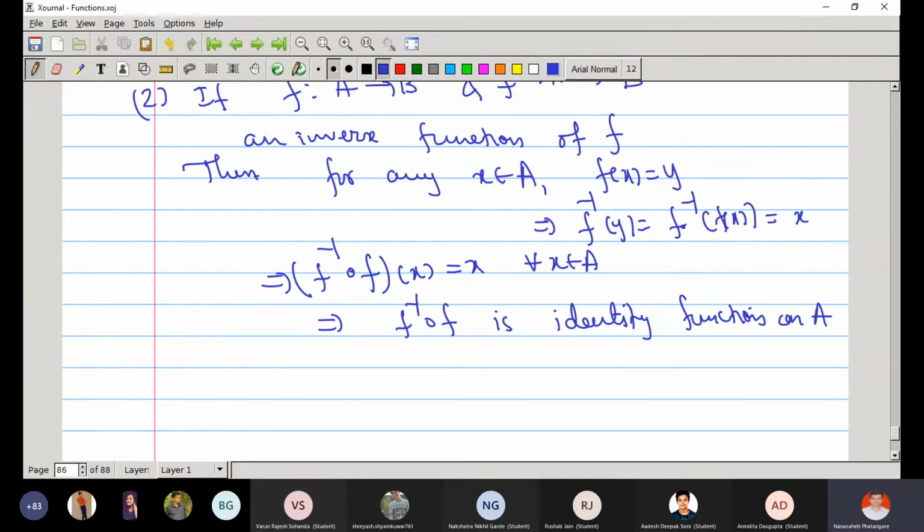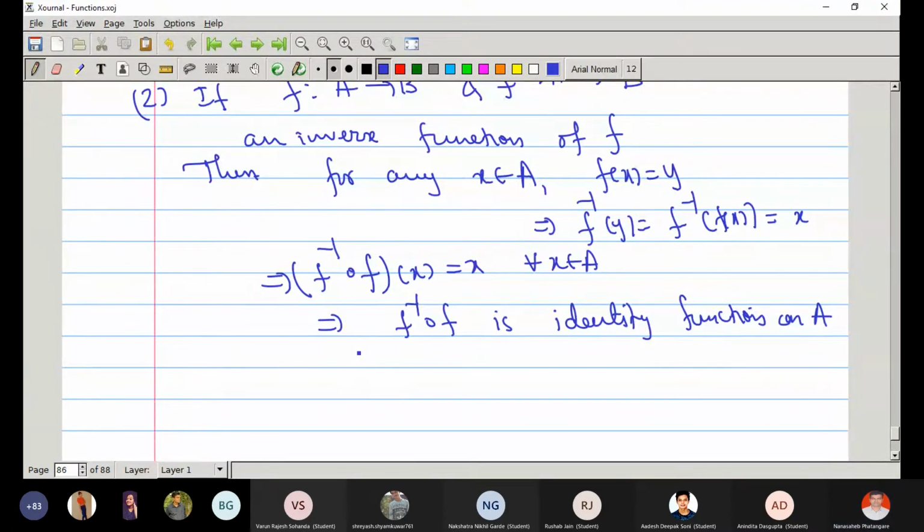That means f inverse composite f acting on x gives x. So f inverse composite f is identity. This last sentence is clear.